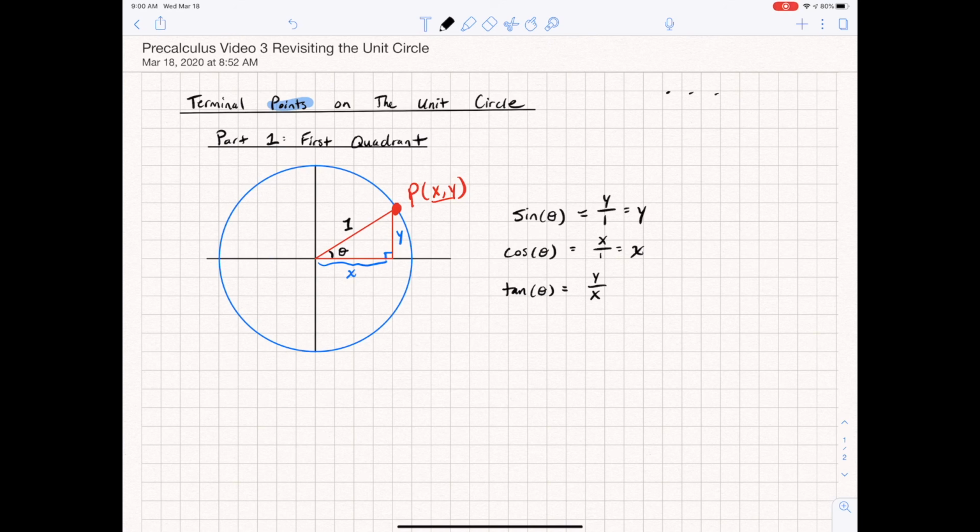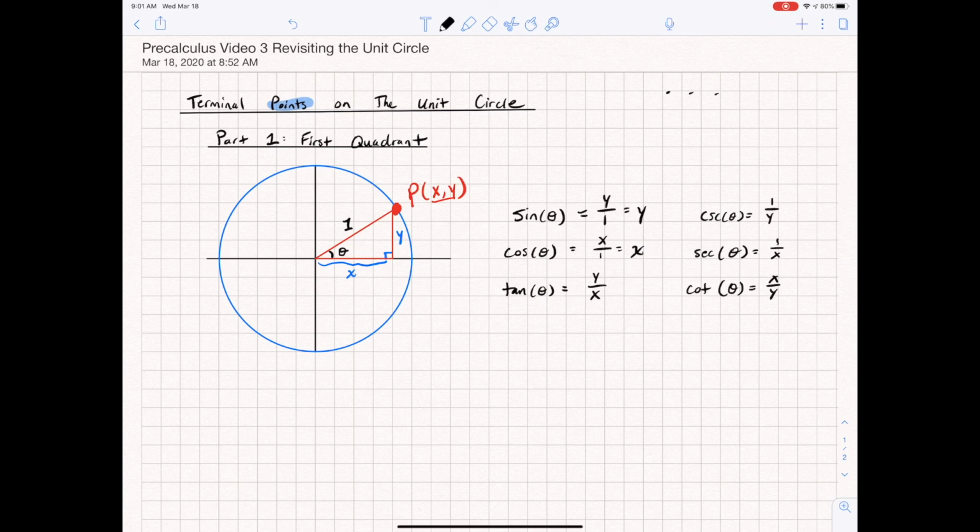For the other three, cosecant would be 1 over y, the flip. Secant would be 1 over x, and cotangent would be x over y. So we have these relationships.